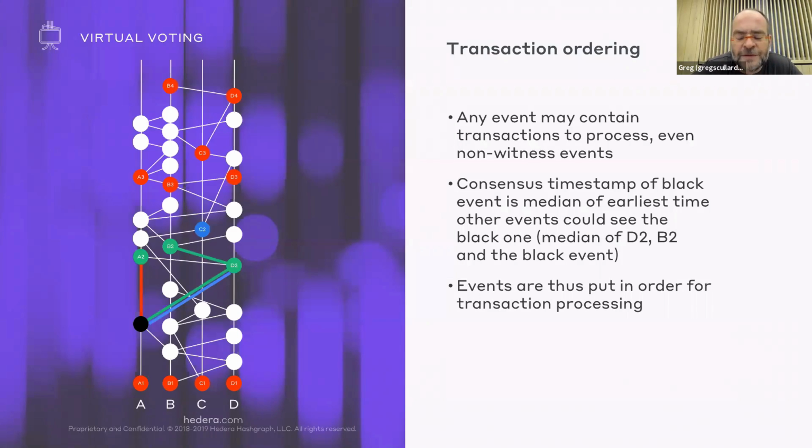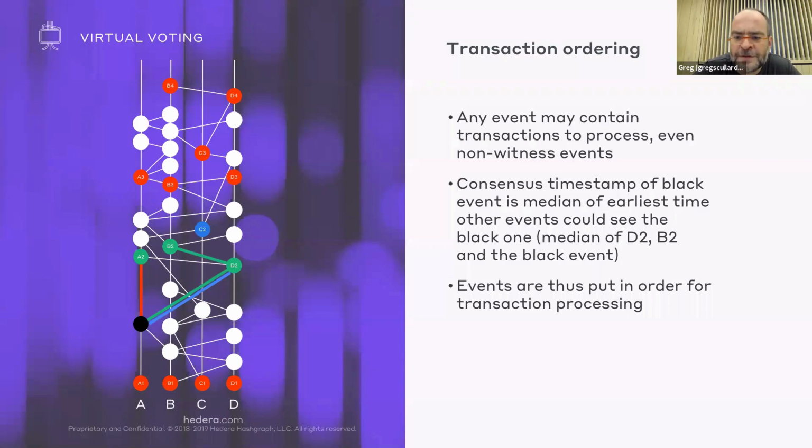And that essentially, again, is an important element of this. It means the consensus timestamp is not dependent on the time of a particular node, and if a node's time is completely off, it will not affect consensus. So it's not possible, again, for a node to change the ordering of transactions simply by changing its clock.